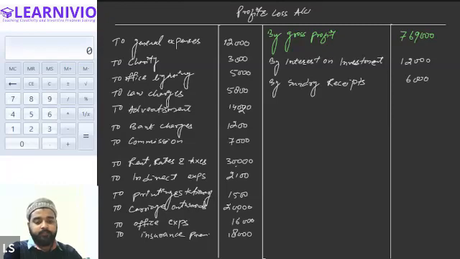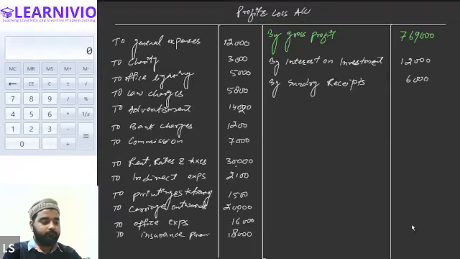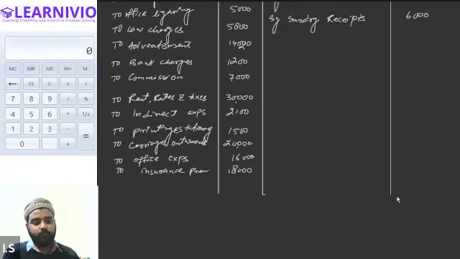Okay. Then moving on to the next item, we have telephone expenses. Again, it is given by the name of expense, so we will be recording it on the debit side. Telephone expenses 13,500. So to telephone expenses 13,500.